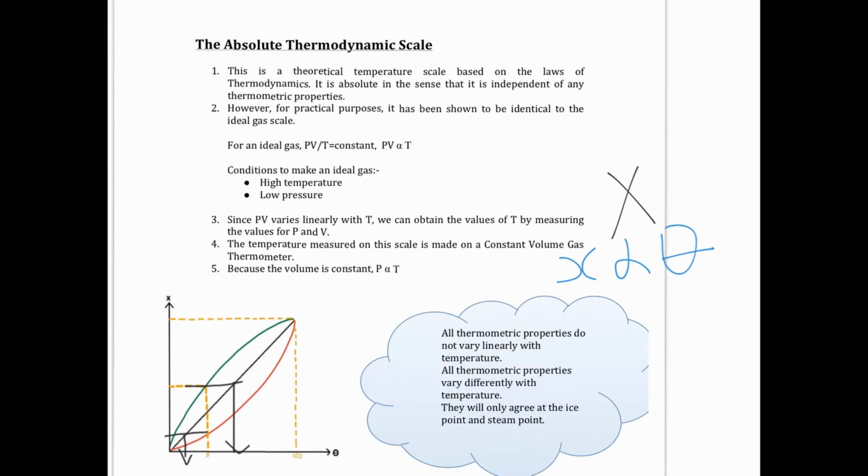But the gas that we must use is an ideal gas. So how do we make an ideal gas? Now, what we have is a real gas, but what we need is an ideal gas. So how do we make the real gas behave like an ideal gas? One of the main differences between a real gas and an ideal gas is that the real gas has intermolecular forces, but an ideal gas has no intermolecular forces.